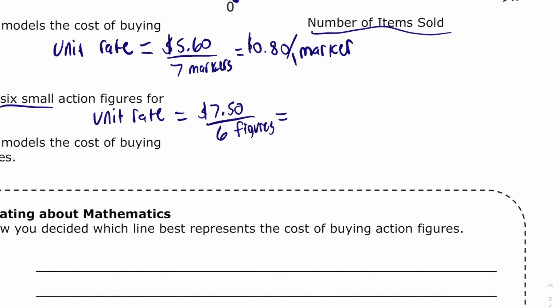How many times does 6 fit into 7? 1 time, with 1 remaining. How many times does 6 fit into 15? 6 fits into 15 twice, with 3 remaining. How many times does 6 fit into 30? That's 5 times. That's $1.25 for each 1 figure.